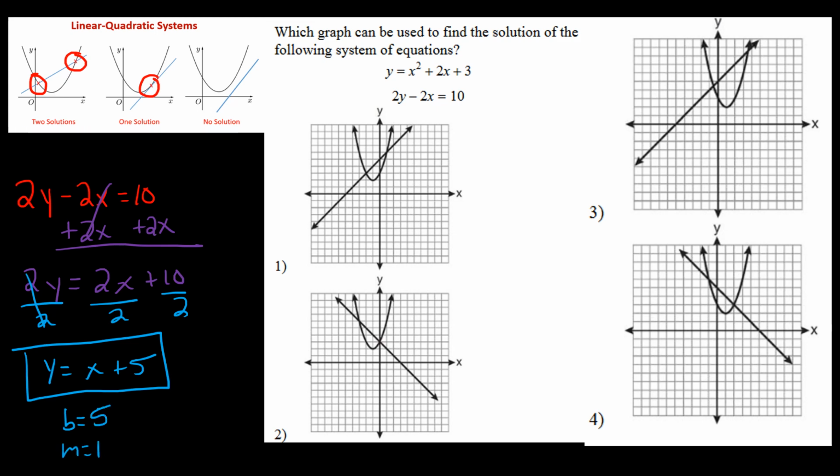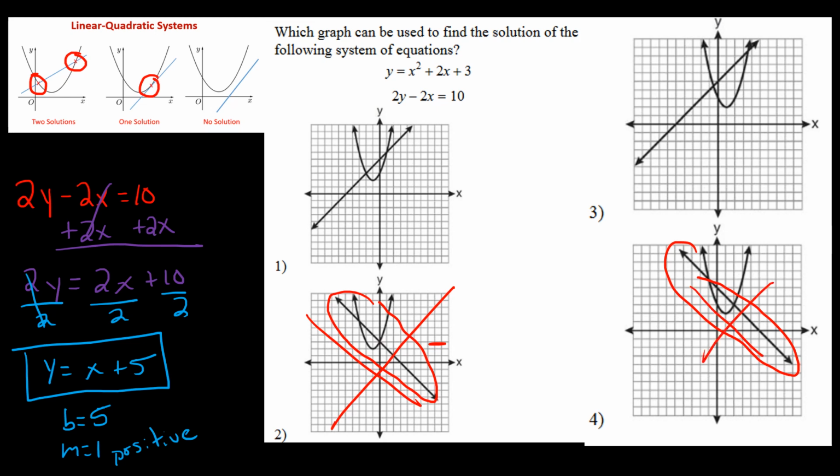More importantly, this is a positive number, and positive slope means our straight line goes from left to right, going up. So we can already cross out number 2, because you'll see that this one has a negative slope. Same thing goes for number 4. This is no good.